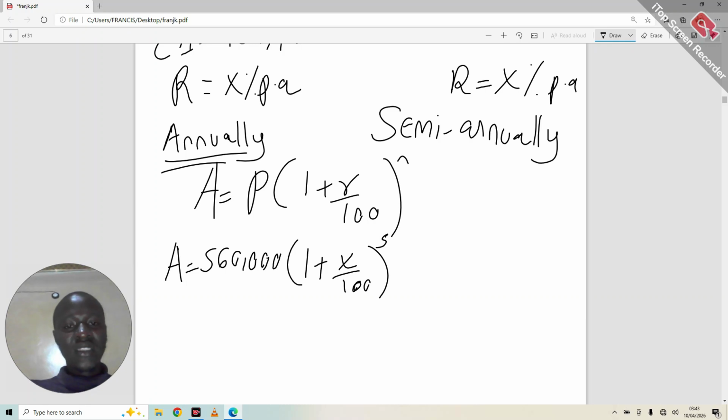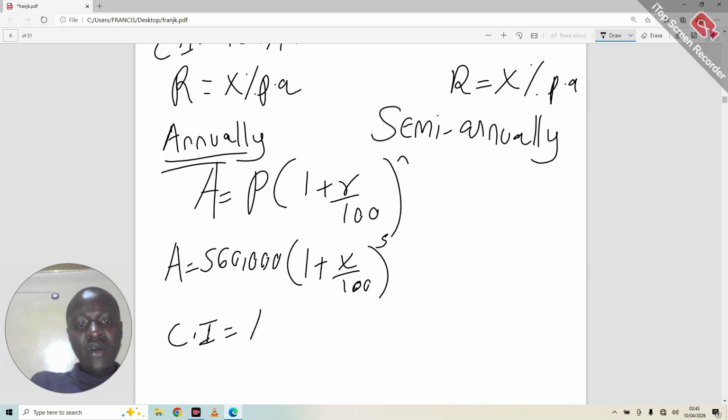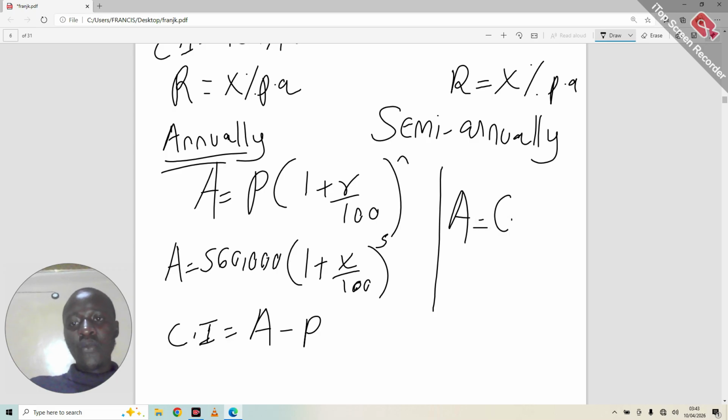So that means we can get amount. Remember the formula I gave you in those previous videos, that compound interest is given by amount minus principal. That means that amount equals compound interest plus principal.